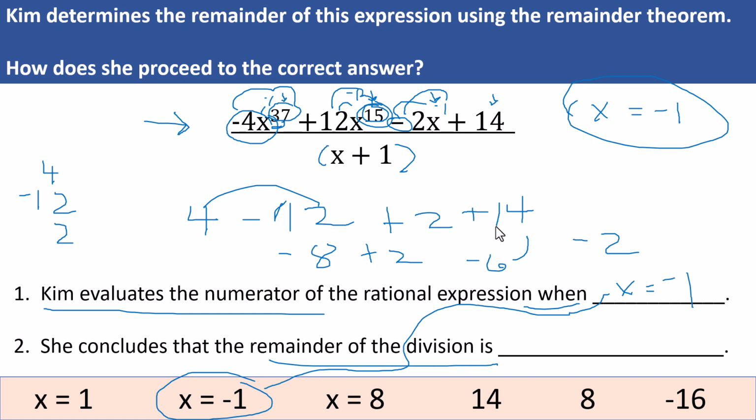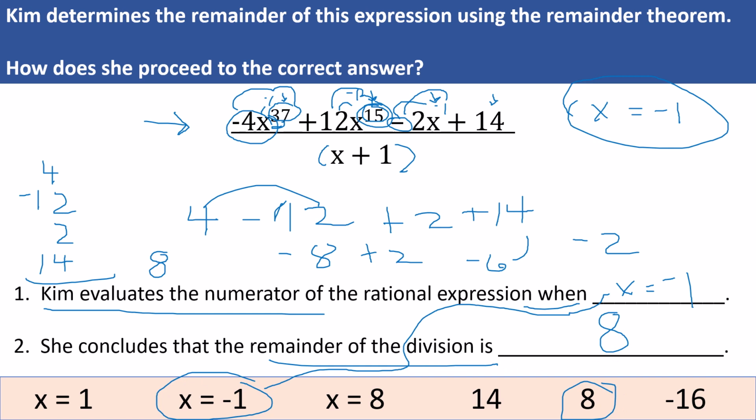Is that right? So that's a +2 plus 14. So let me try that again. See how easy it is when you're rushing to make mistakes? All right, so 4 minus 12 plus 2 plus 14 is equal to 8. So she concludes the remainder of the division is 8.